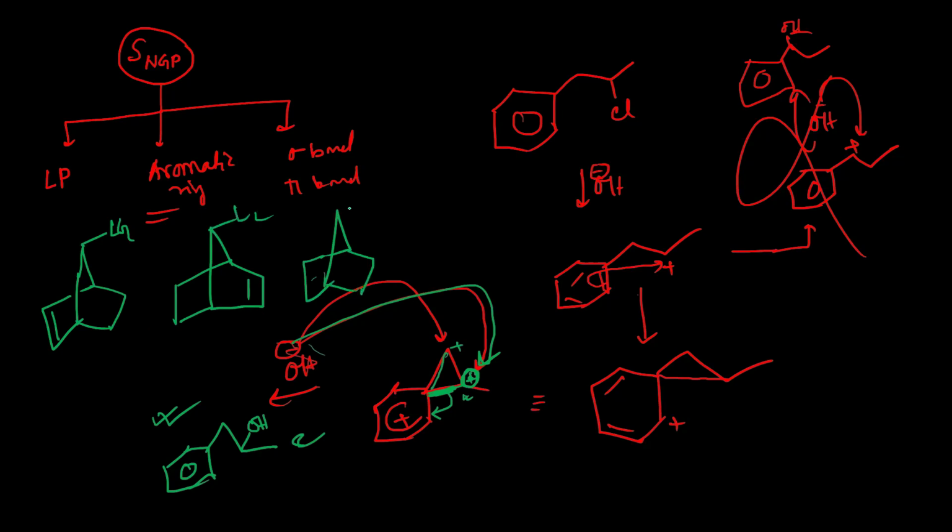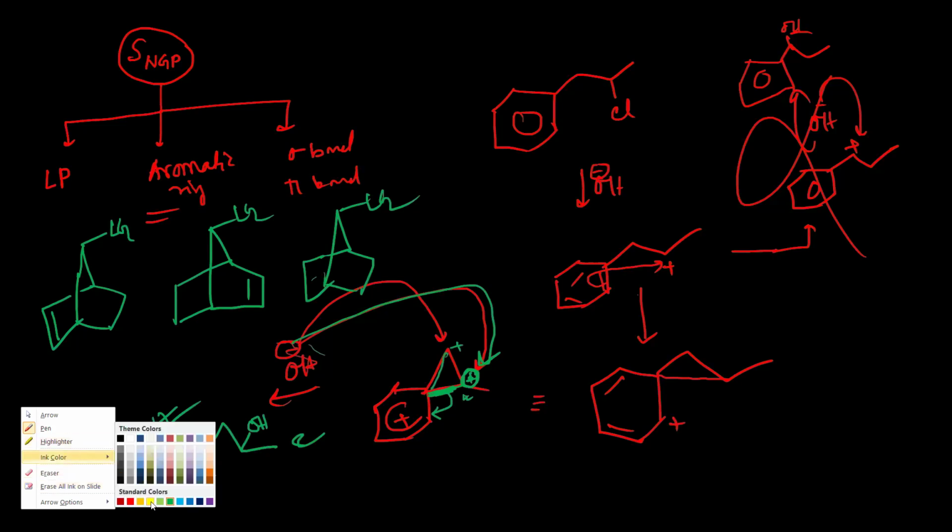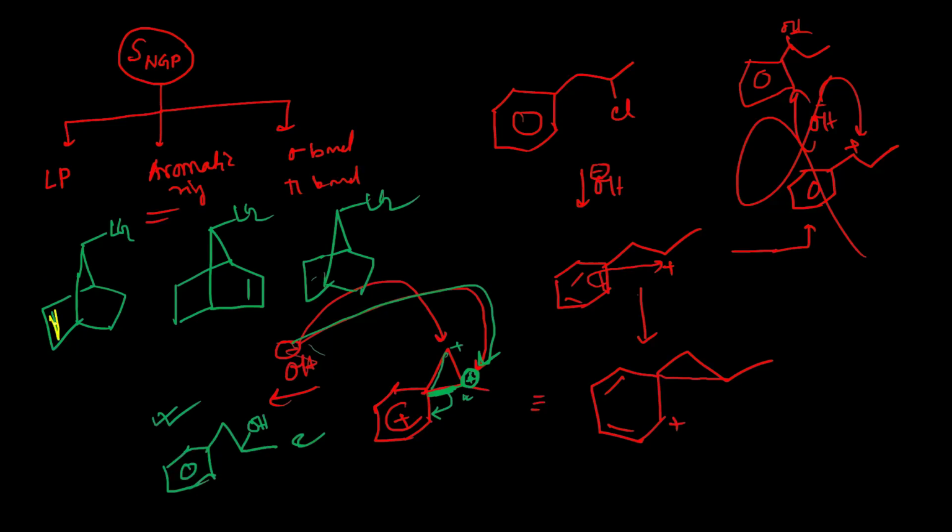This is the leaving group, and this is the leaving group. If they ask to compare the rate of SN2 or SN1, whatever, substitution reactions, then what will happen? This pi bond will show very much neighboring group participation.